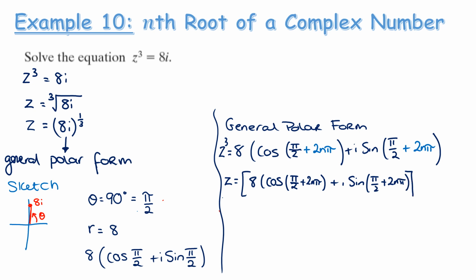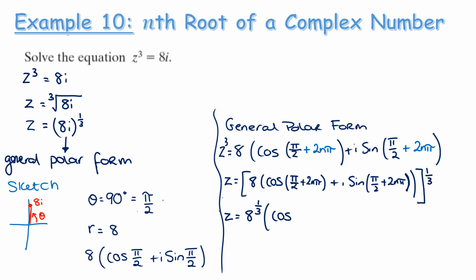I think I'm missing a bracket here, so close my square bracket, and that's all going to be to the power of a third. This is where we can apply de Moivre's theorem. So we're going to have 8 to the power of a third. If you need help with that, see page 20 of your log tables.